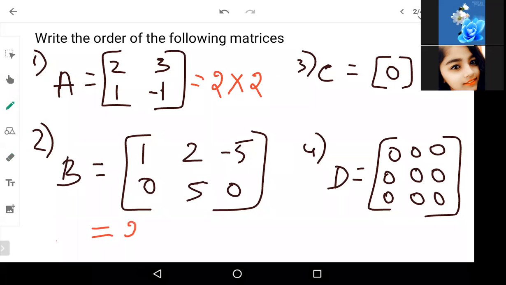How many columns are there? Columns are from up to down. So 1, 2, 3. There are 3 columns. So it is a 2 by 3 matrix. Rows into columns. Understood?